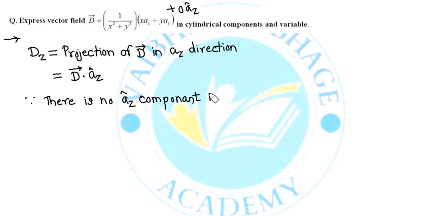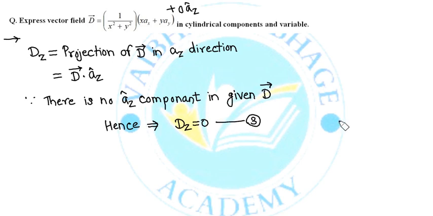It is necessary to write this explanation of why we take the dz component to be 0. Since there is no az component in the given vector d, hence dz is equal to 0, and I am going to assign it equation number 3.